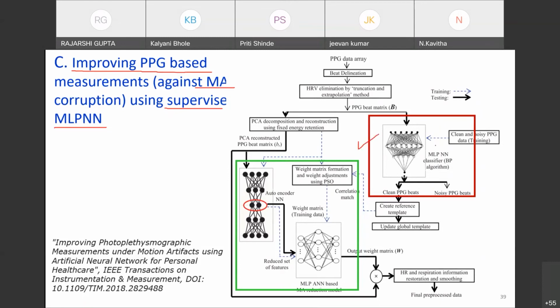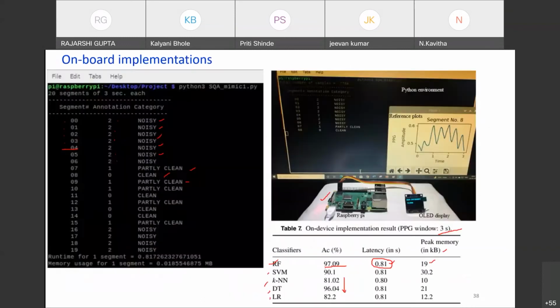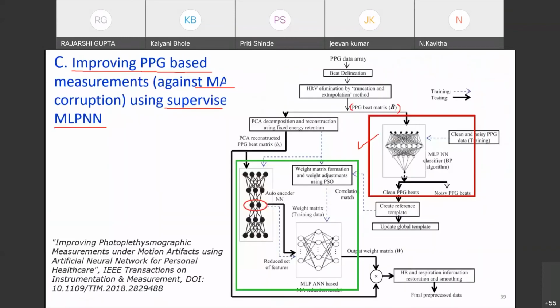You must look at this part. Here the PPG beat delineation was done. From that, each of the beats was fed to this multi-layer perceptron neural network, and from this, the clean or corrupted segment was classified.